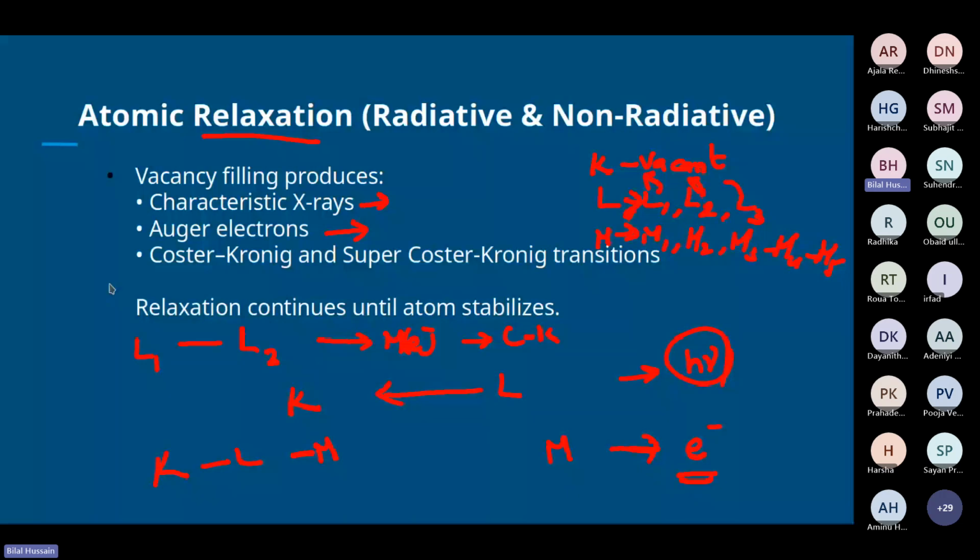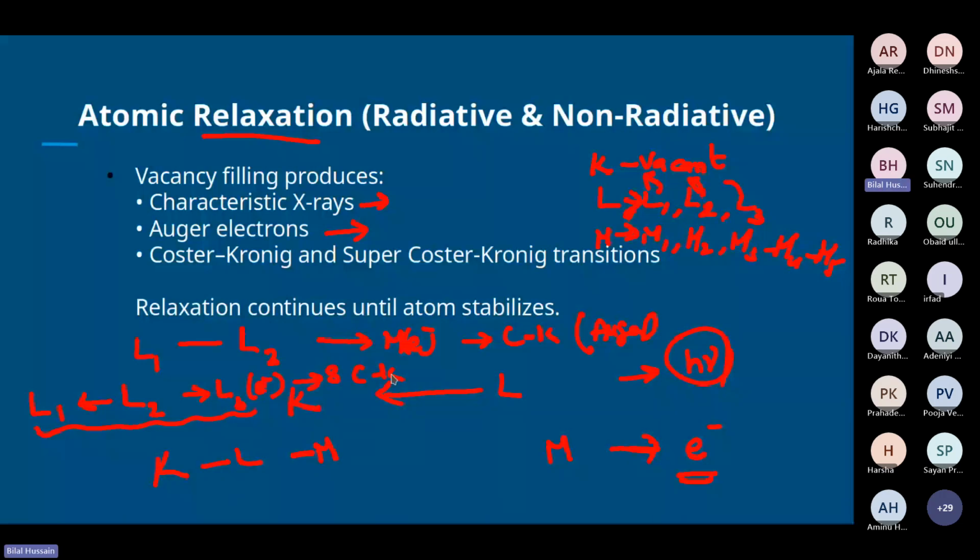It means the electron transition takes place within the subshells of the atom, and another electron from any other shell can be emitted. This is a special case of Auger electrons. There's also super Coster-Kronig, in which, say, an L1 shell vacancy is filled by the L2 shell falling down, and because of that an L3 electron is emitted. All three are from the same family, and that is called super Coster-Kronig.